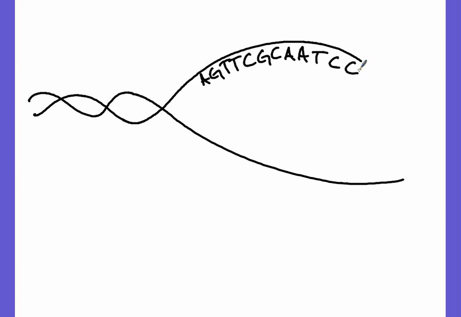But if it's AGTTCGCAATCC, like I have drawn above, down below should be complementary to that. So an A goes with the T, a G goes with the C, so on and so forth. My other strand would look something like this. Right, so the strands are complementary again.